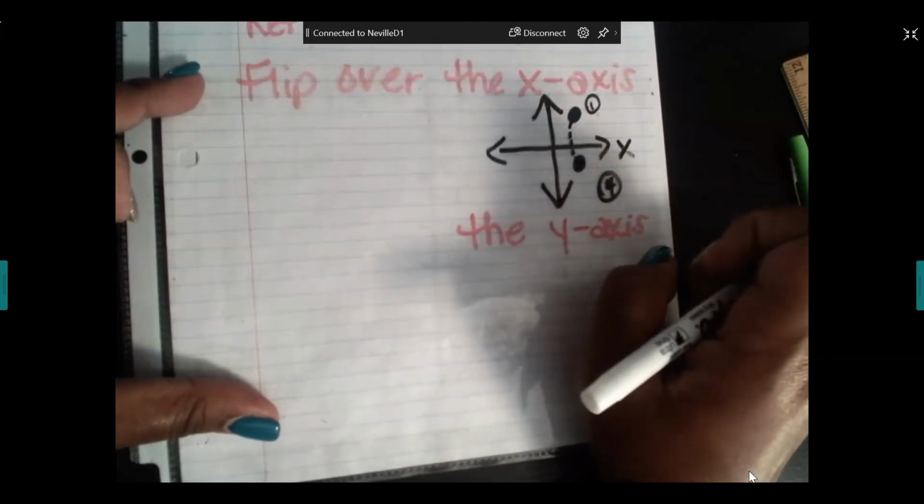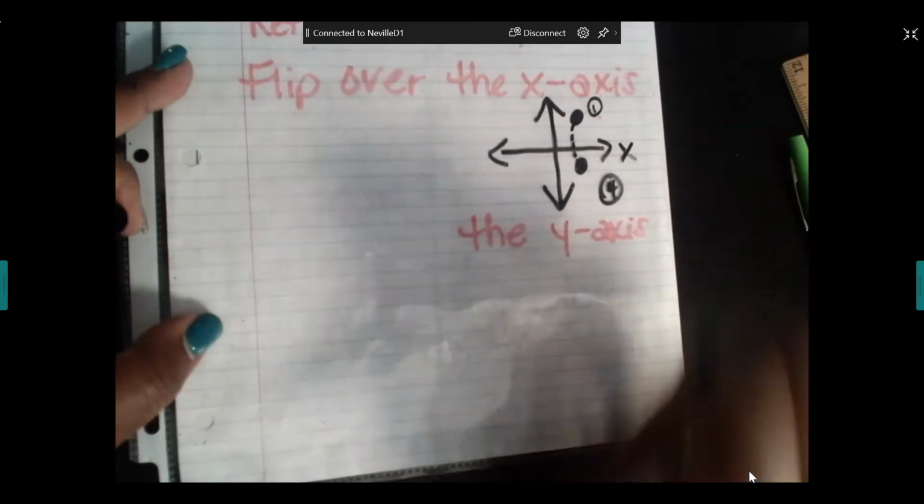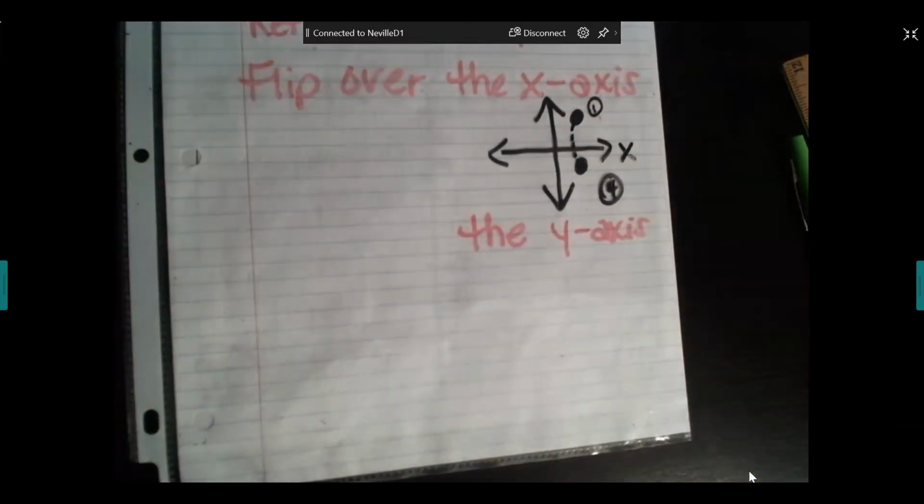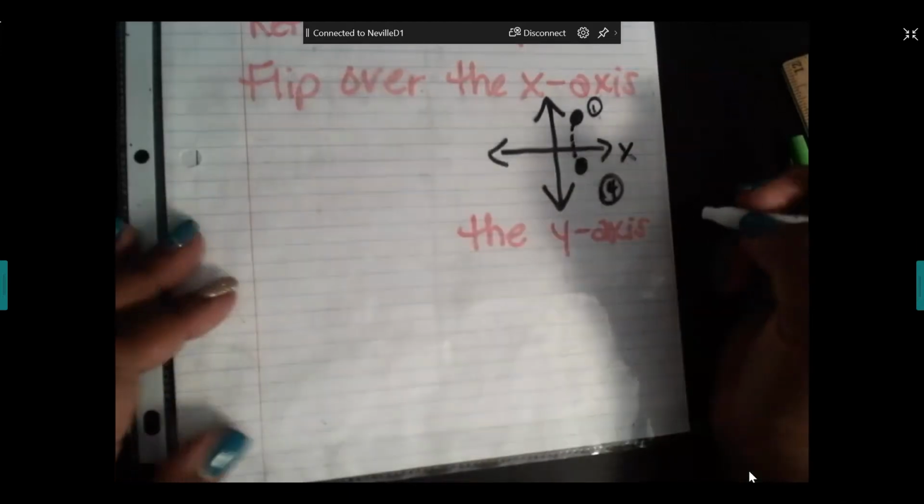And that's what we're going to be experimenting with today. We want to remember that our objective for today, if you want to look on the board, that means you, find and plot reflections of ordered pairs across, thank you, I couldn't see it because of the glare, the X and Y axis.